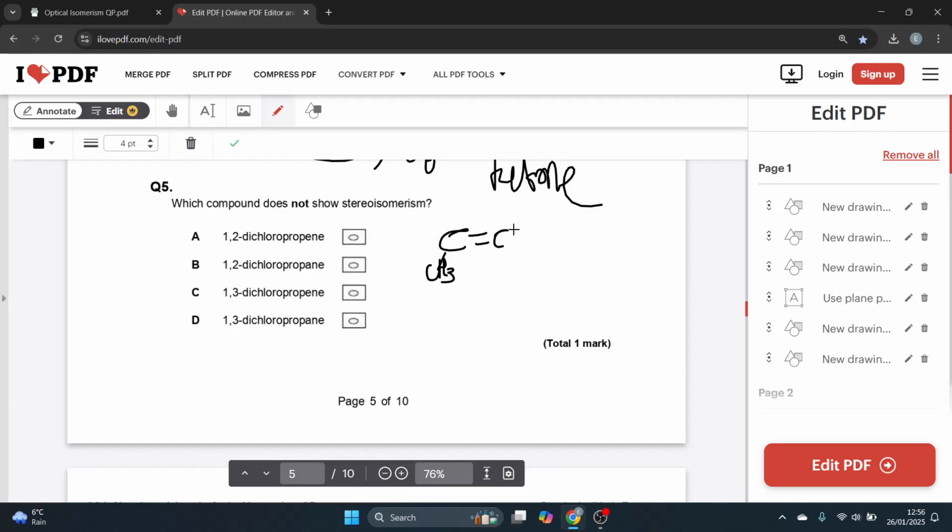I've got a chloro on the first carbon, and I've got a chloro on the second carbon. 1, 2, 3. 1,2-dichloropropene.